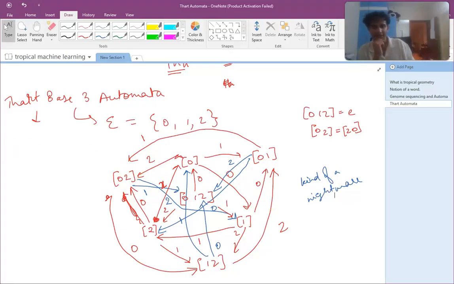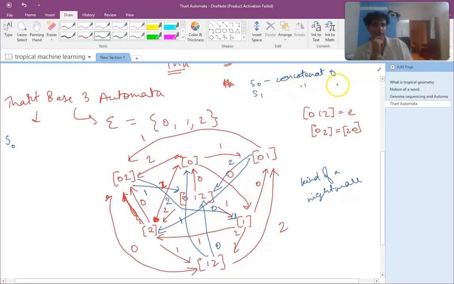And the relations that define this third automata is, instead of T, let's stick with S, because that's what I have written here and it confuses me if I write T. But S naught will concatenate 0. S1 will concatenate 1. S2 will concatenate 2.